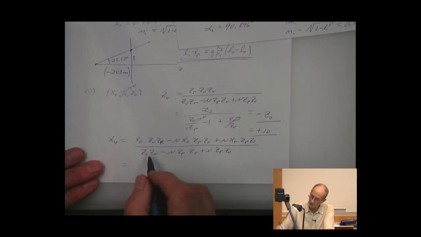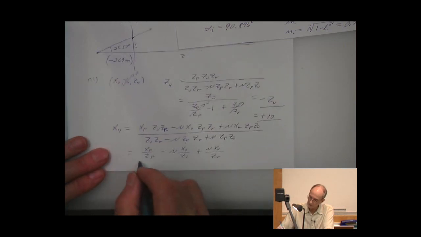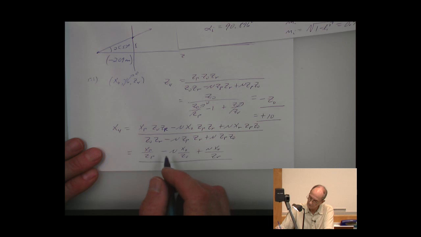So here, if we divide by zp, zr, we end up with xp over zp minus mu xo over zo plus mu xr over zr divided by, actually I divided out by zp, zo, and zr.